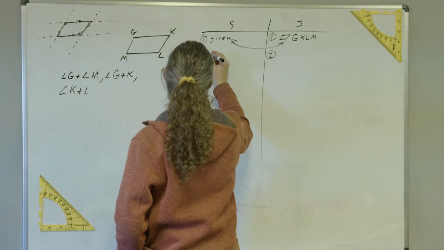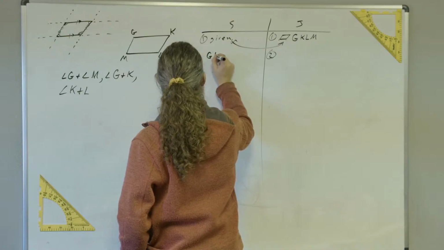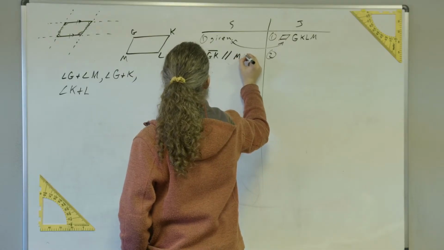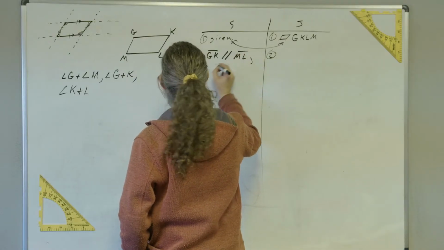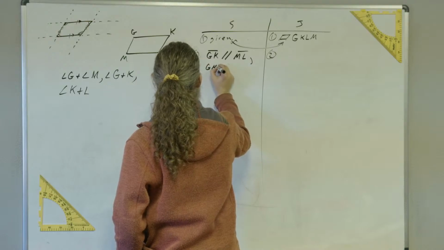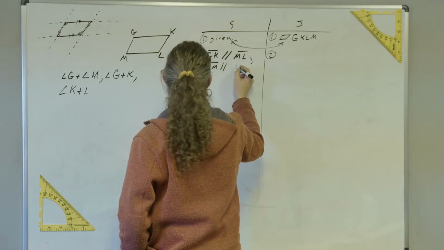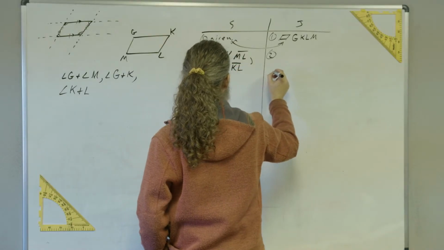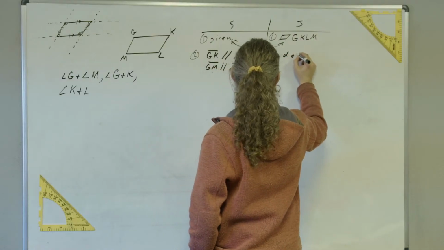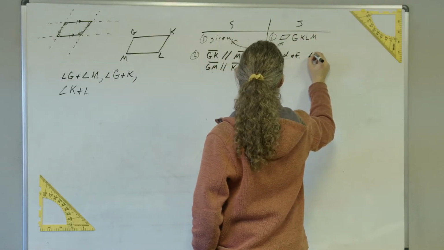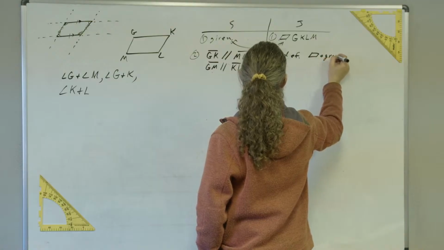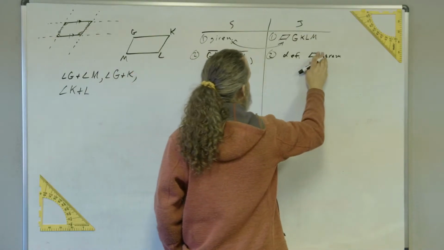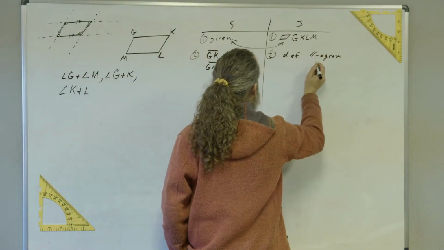So we got to say that GK is parallel to ML and GM is parallel to KL, because definition of a parallelogram. I don't know why I wrote it that way this time when I usually write it this way.